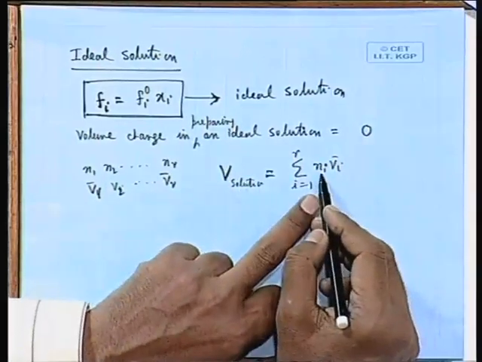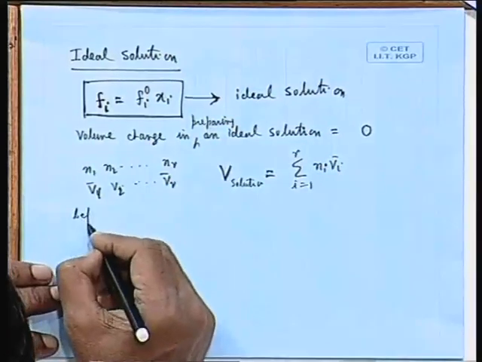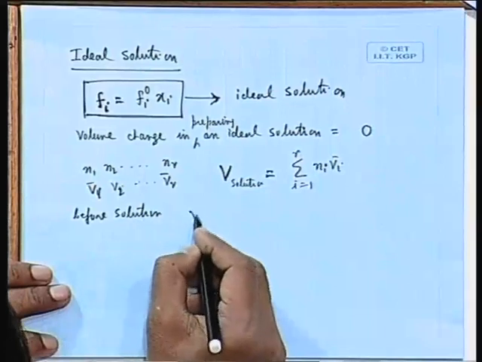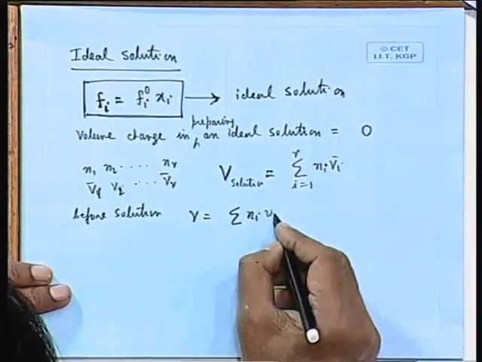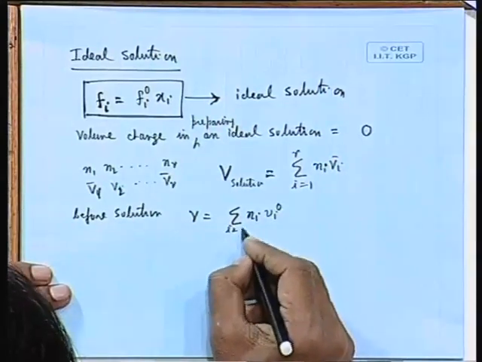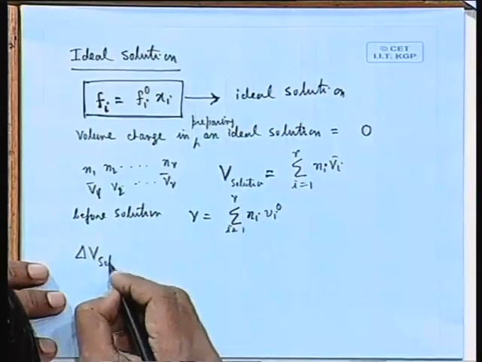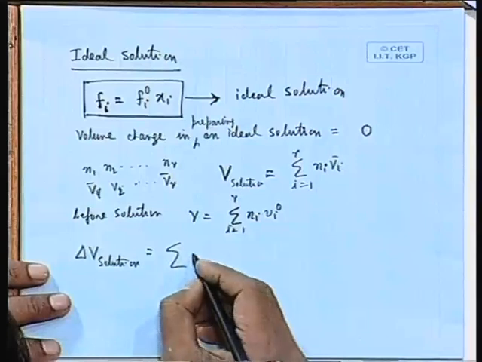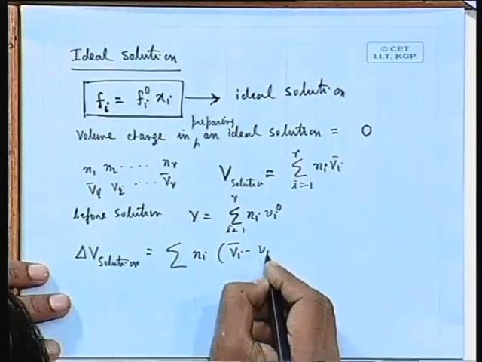So before mixing, total volume V is equal to sigma of Ni into Vi0, i from 1 to r. So therefore the change delta V, the change in volume to make the solution, is sigma Ni into (Vi minus Vi0).